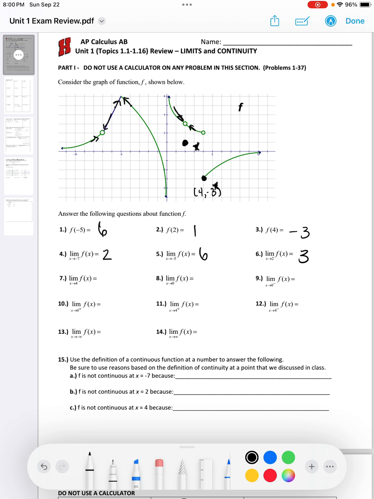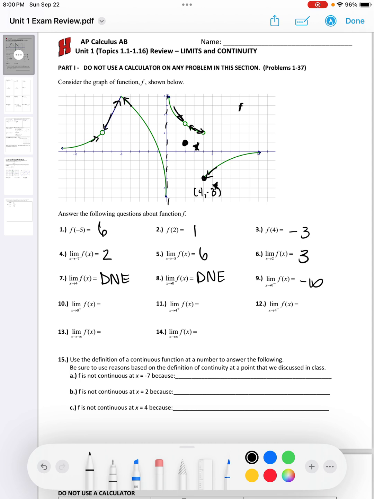At 4, as I look at 4 from the left and from the right, they are not going to the same spot, so those will be D and E. At 0, we're going to a vertical asymptote, so that's going to end up also being D and E. But if we look at 0 from the left, that's going down, that's going to be -infinity.